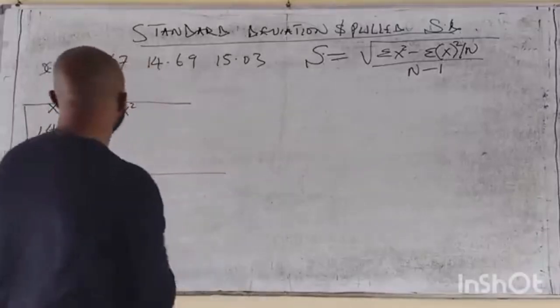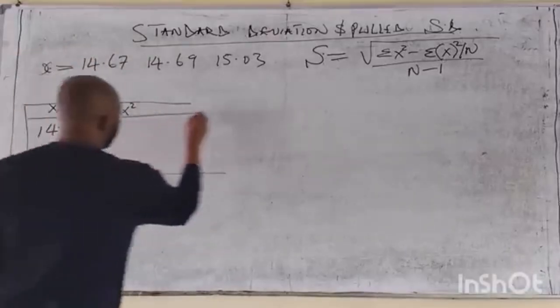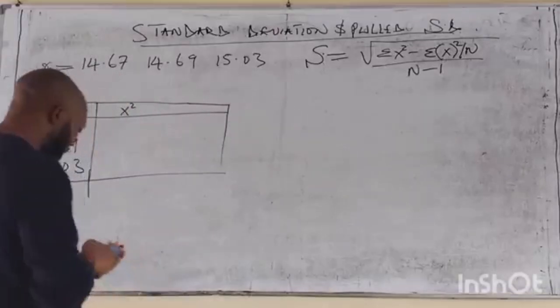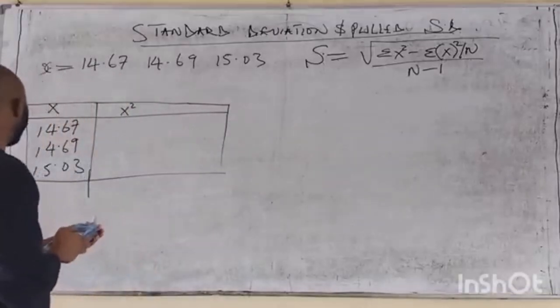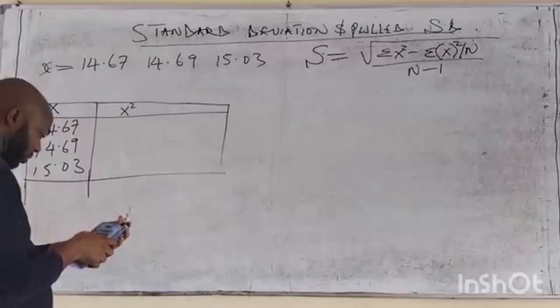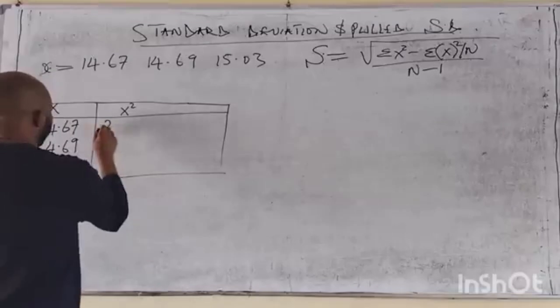So let's proceed. Now here we have 14.67 squared, which is 215.2089.